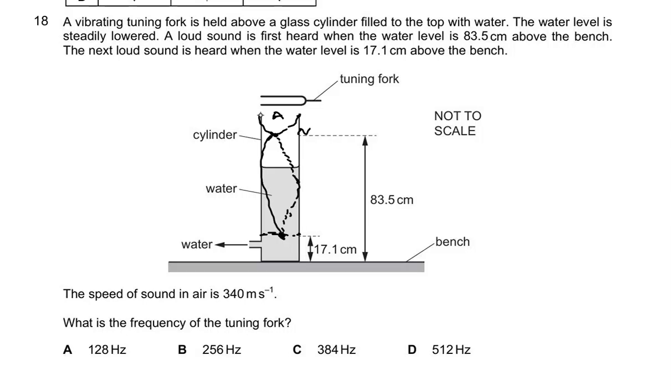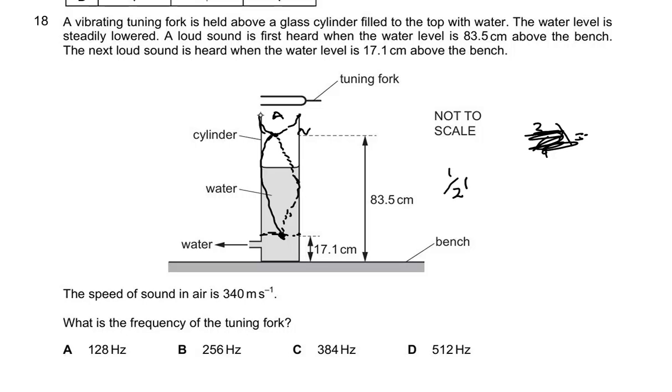So we have quarter plus half wavelength, and then we have 3/4 wavelength on this length. The difference between 83.5 and 70.1 is half wavelength.